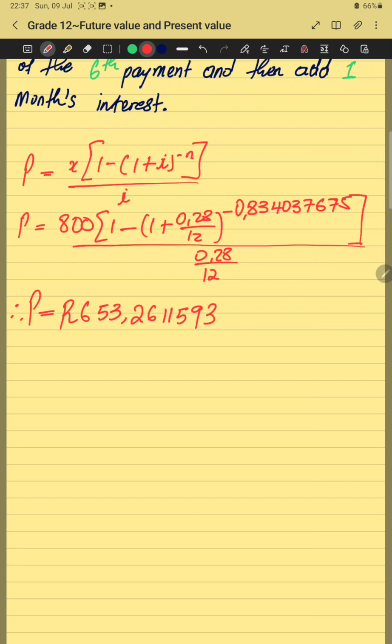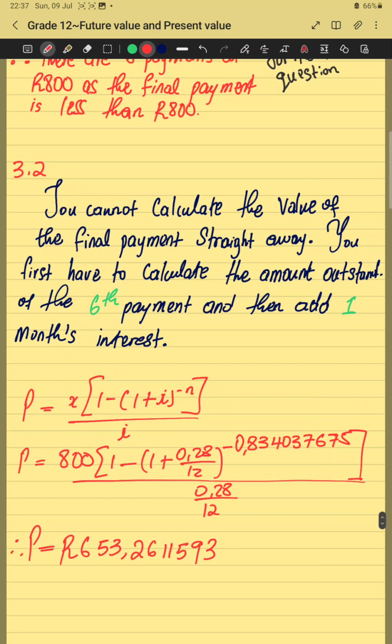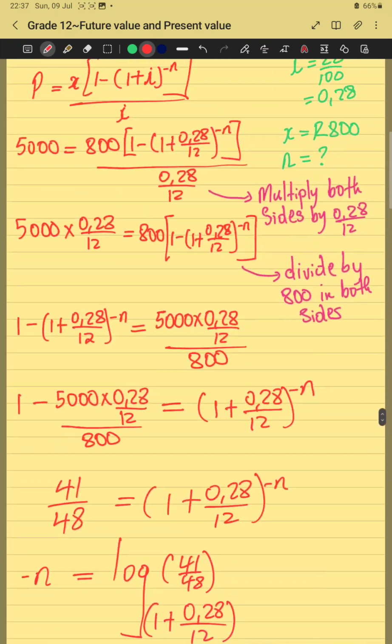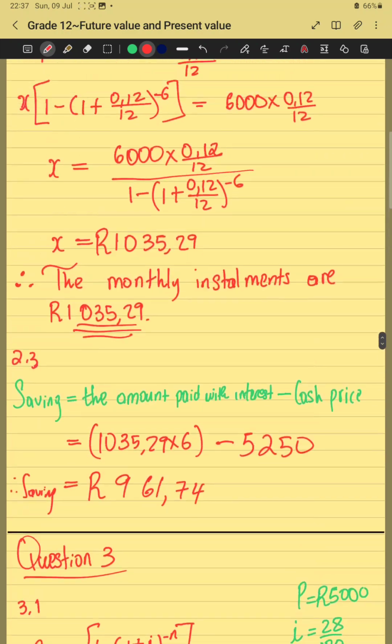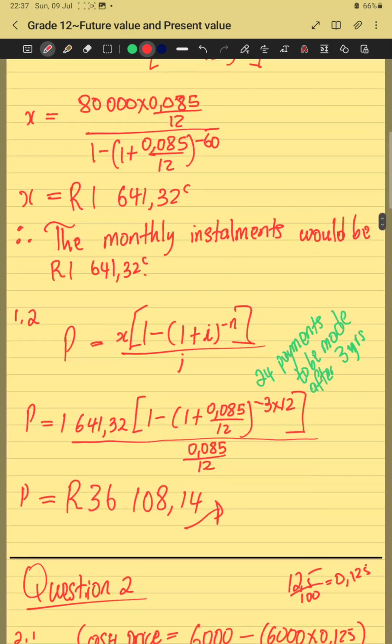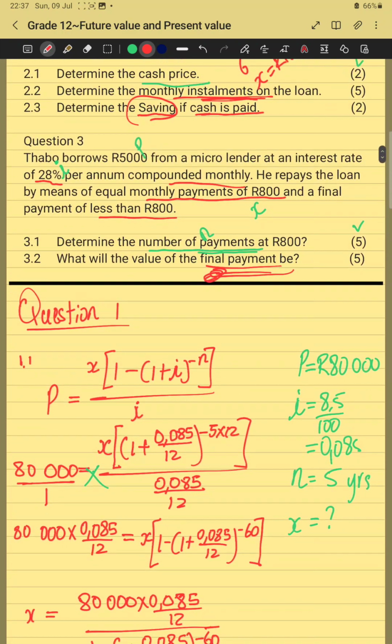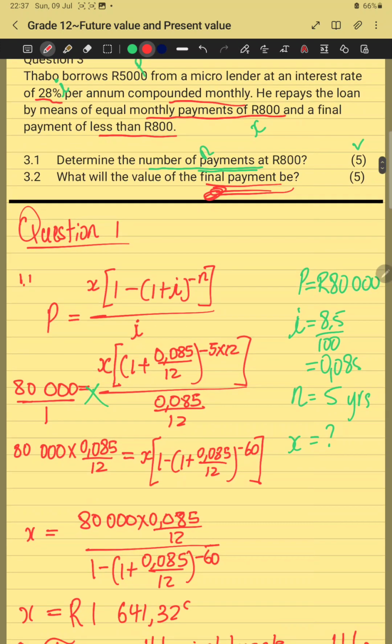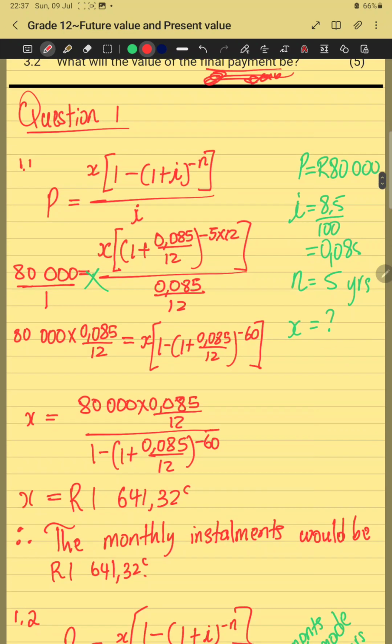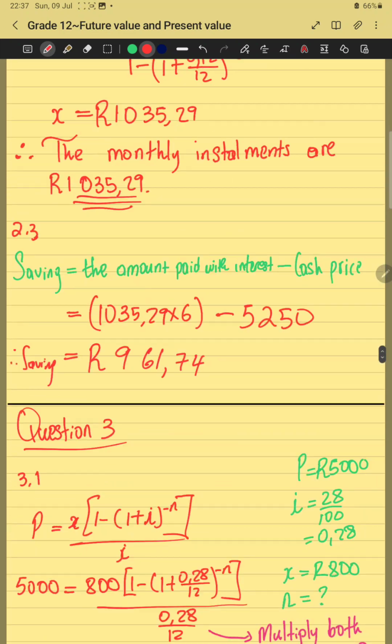Remember guys that as long as you're still calculating, let me say in question number 3.2, because we've not yet calculated the final payment, so we're still working out this one.